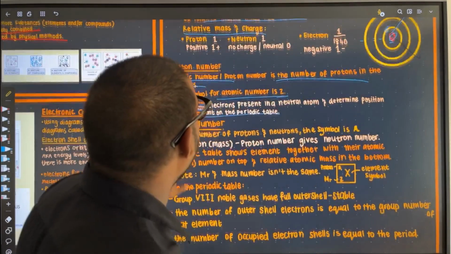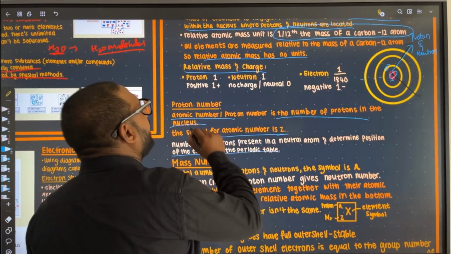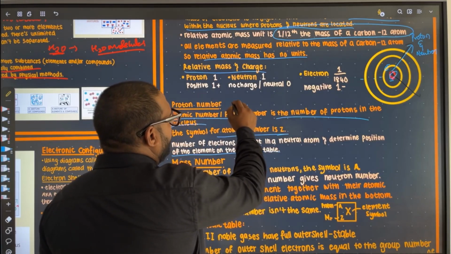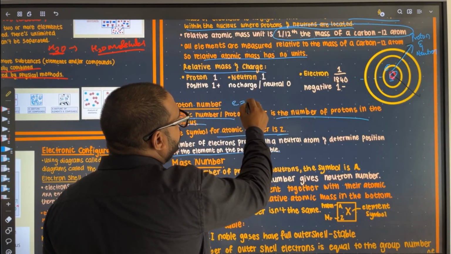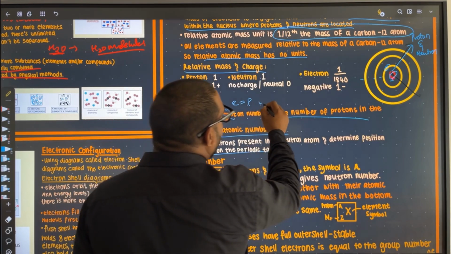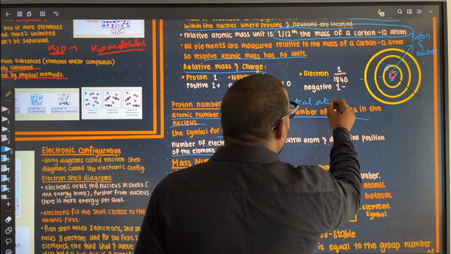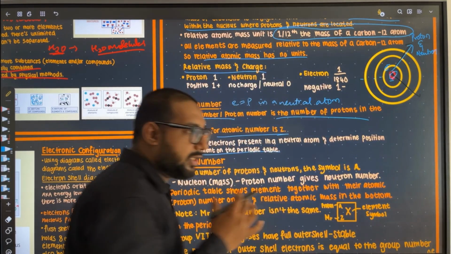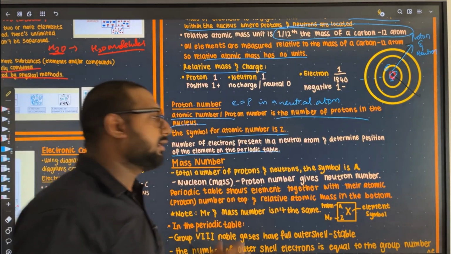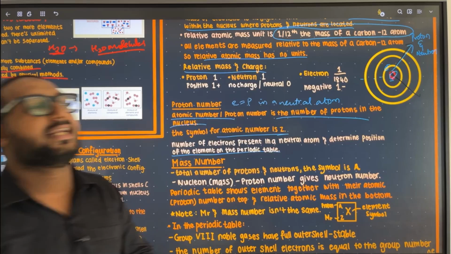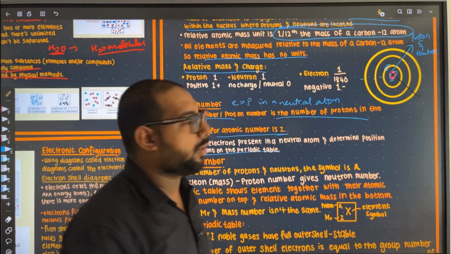Now, see here, one more thing. The number of electrons is equal to the number of protons in a neutral atom. अगर आप एक neutral atom consider करेंगे, if you consider a neutral atom, you will find that the number of electrons is equal to the number of protons.